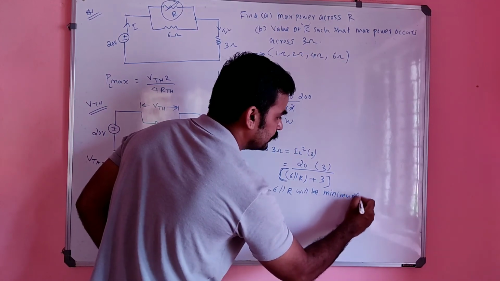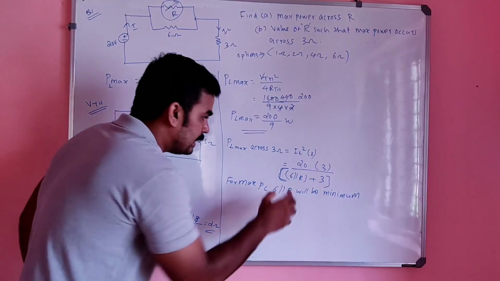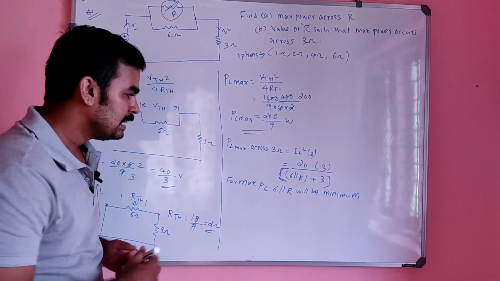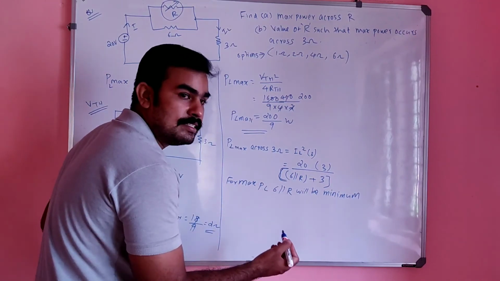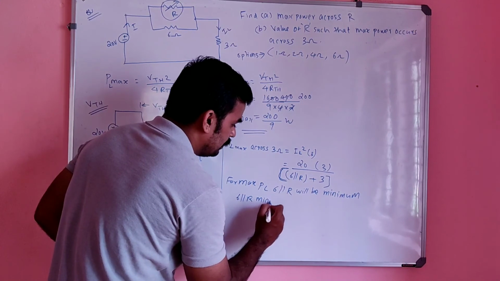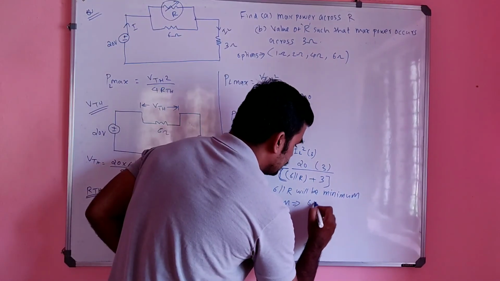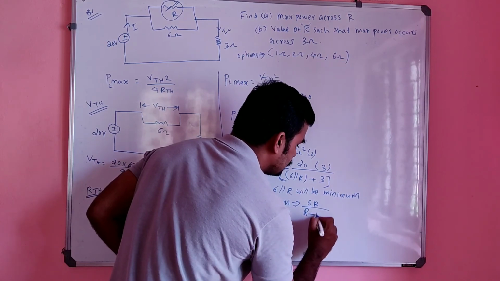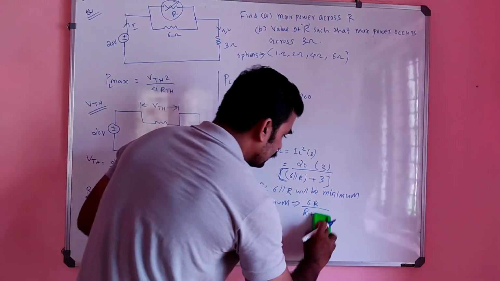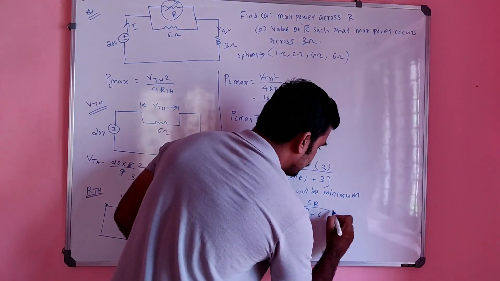Denominator minimum means 6 parallel to R is also minimum, right? 6 parallel to R means 6R divided by R plus 6 is minimum.